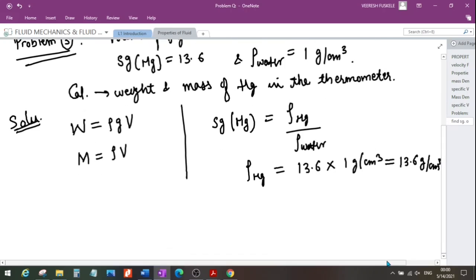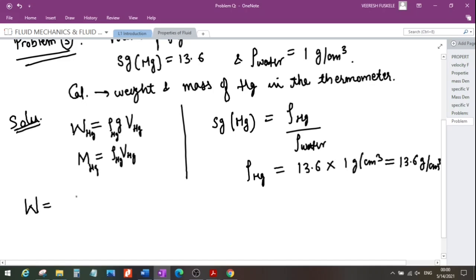So now the weight can be calculated as density of mercury, and this is the volume of mercury, weight of mercury and mass of mercury.